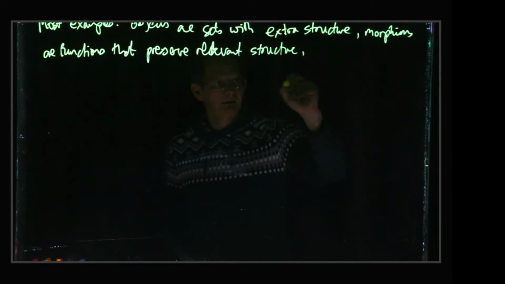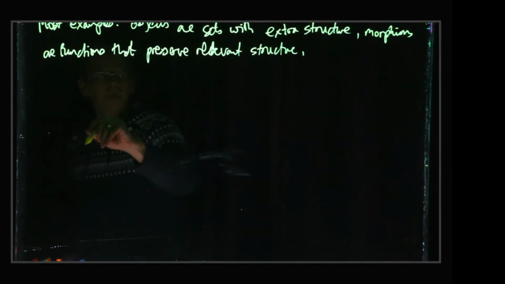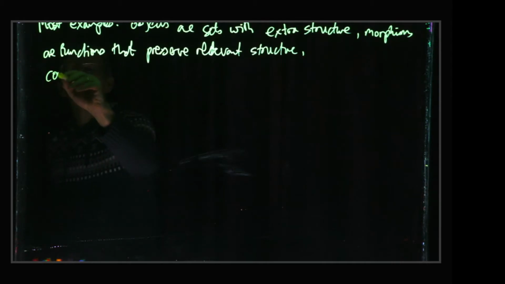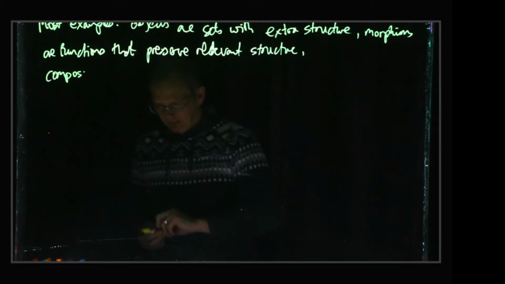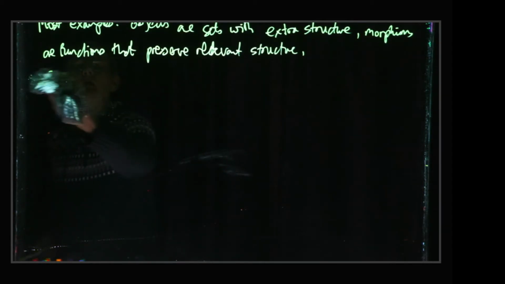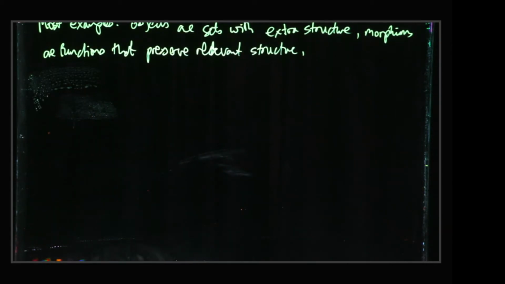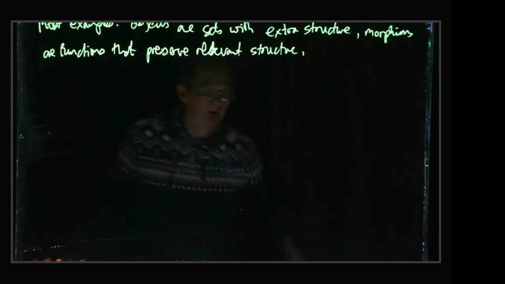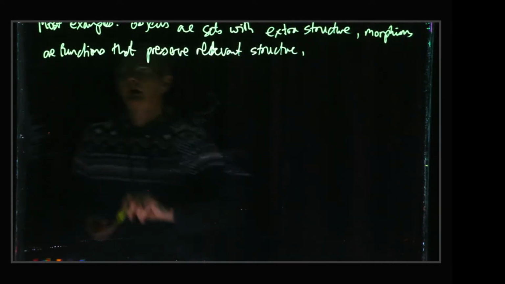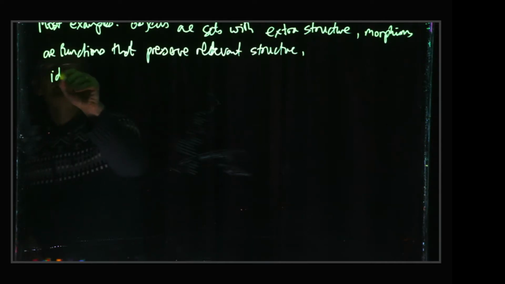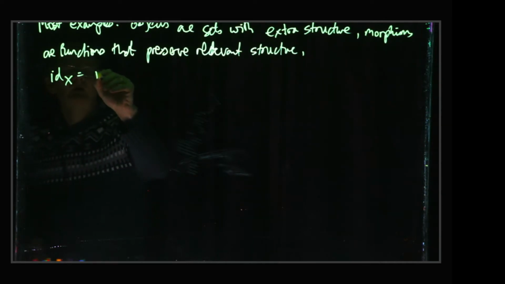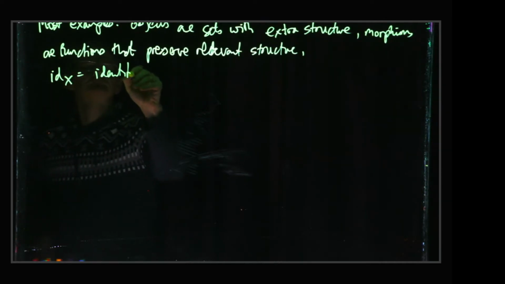And then we've got to say what the identities and the composition rules are. So id x is the identity function.